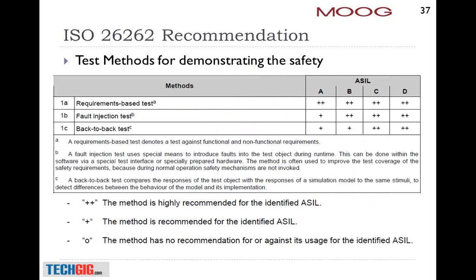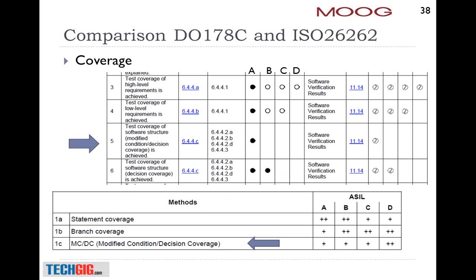And if you see, 26262 recommends different ways of testing, which is not available in the 178C. 178C doesn't say how you go about testing it, whereas 26262 says how to test it. And there is a back-to-back test where the responses of a test object are compared with a simulation model. So it is basically talking about a model-based test here.